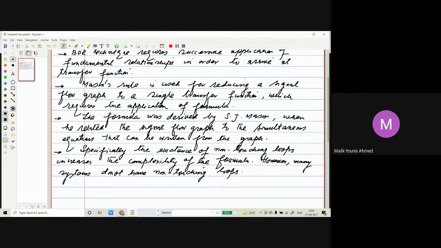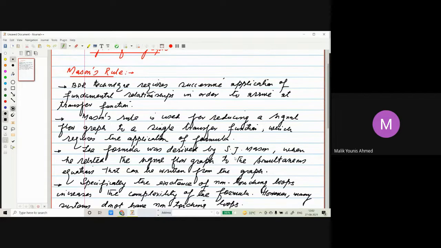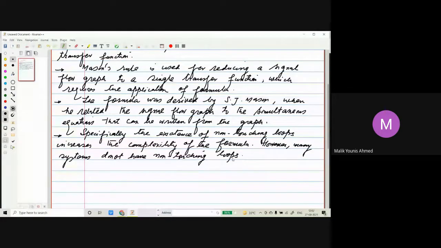So we have lots of systems where the non-touching loops do not exist. The majority of systems are such. So this formula is suitable for those types of systems.